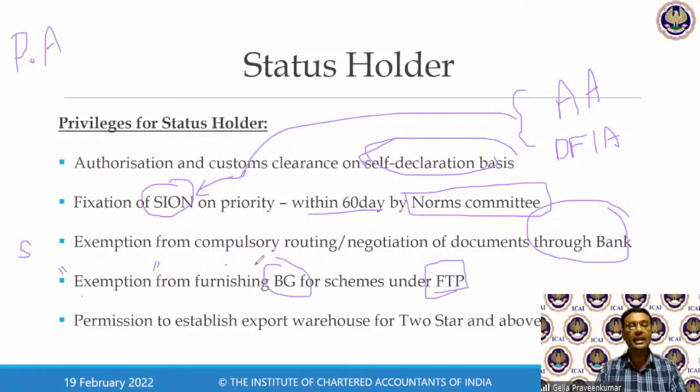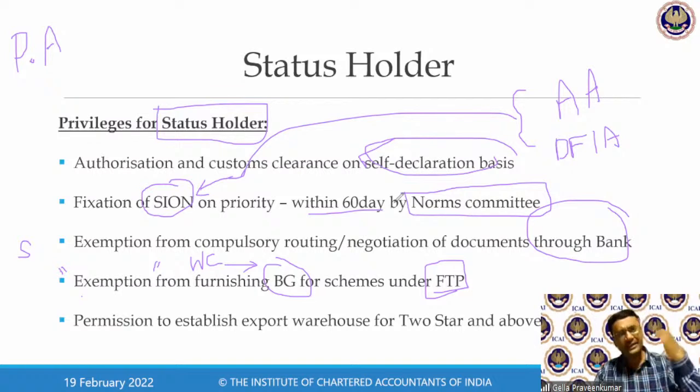Now, whenever there is a bank guarantee, students, there is a working capital blockage. This working capital blockage can be done away with by getting a status holder certificate. There are various aspects, like there is an RA, that is your regional authority.